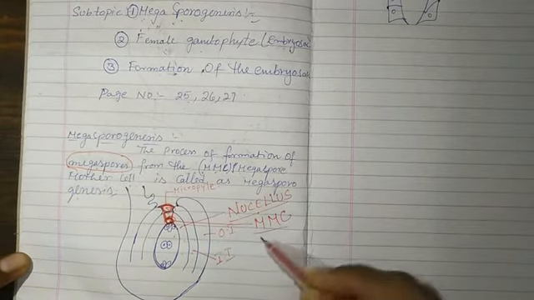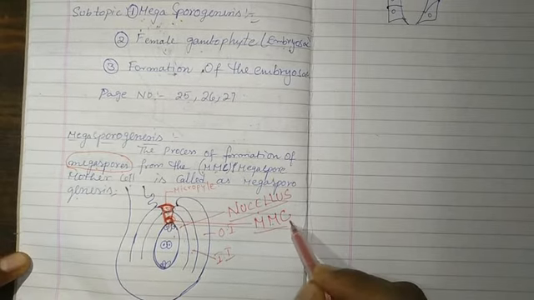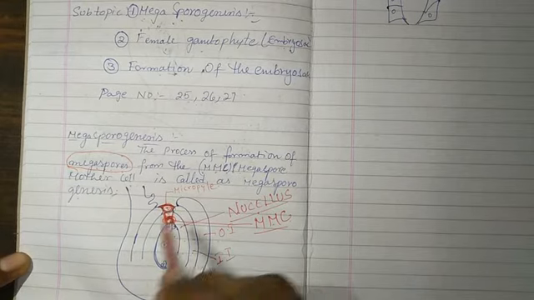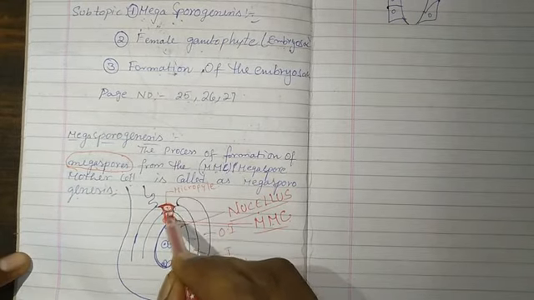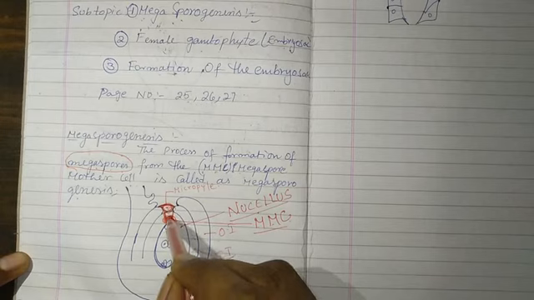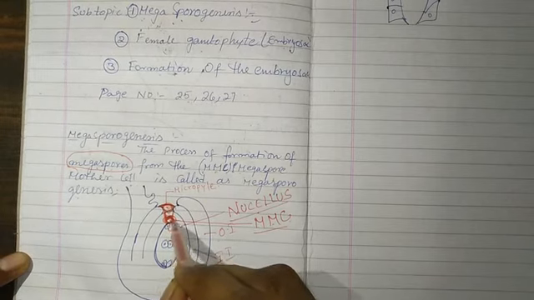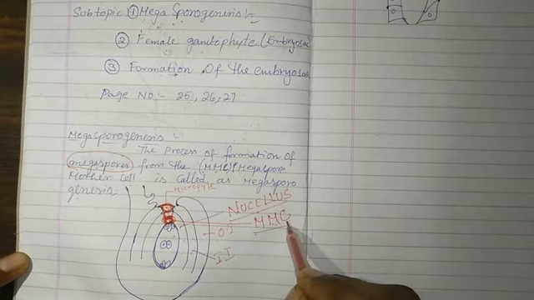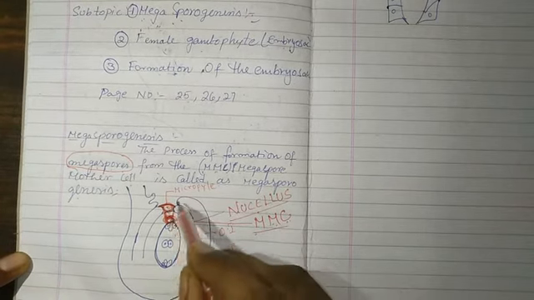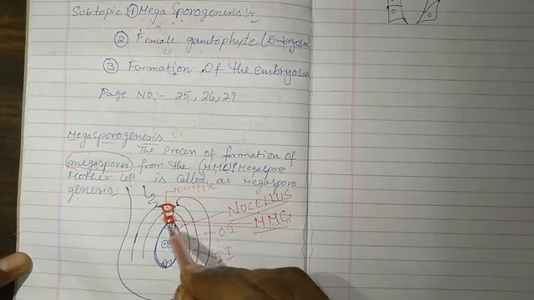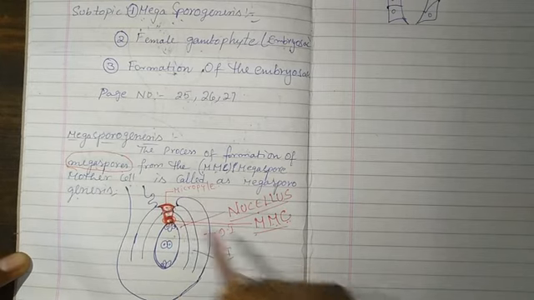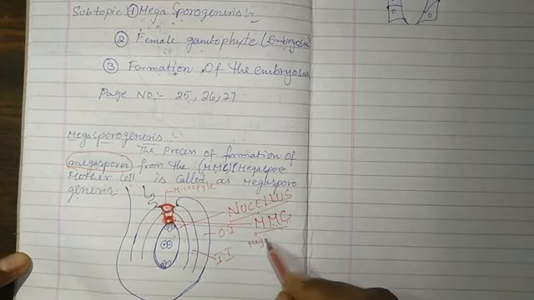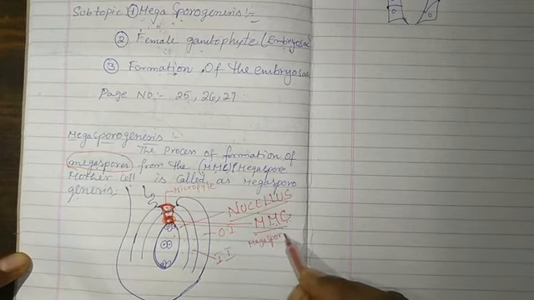What is MMC? Megaspore mother cell. The megaspore mother cell is located at the micropylar end, inside the nucellus. If you look at this structure like this, it is impossible to identify the megaspore mother cell. We cannot see it like this.